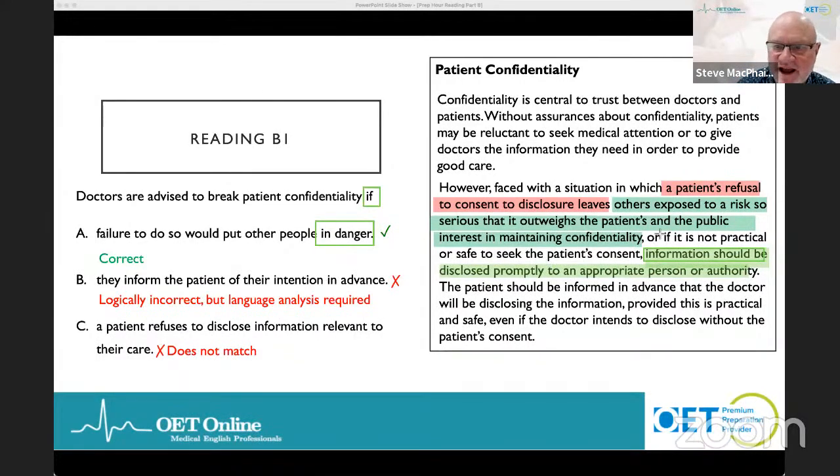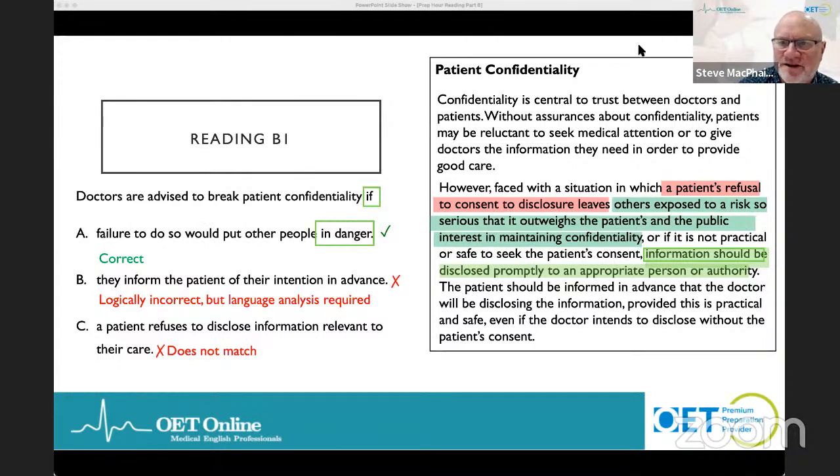Yes, so "in danger" means at risk, and that's it. Information should be disclosed, yes, and if you didn't, it would cause a lot of risk. All right, and that's the answer, everyone.